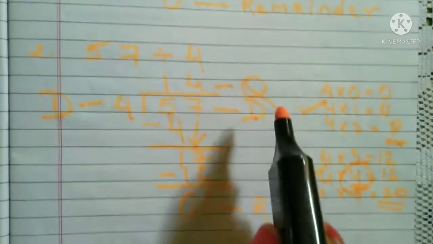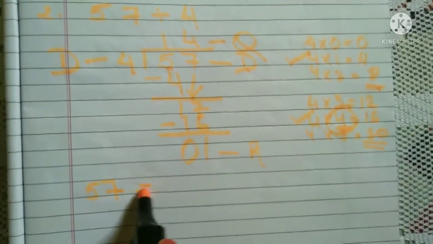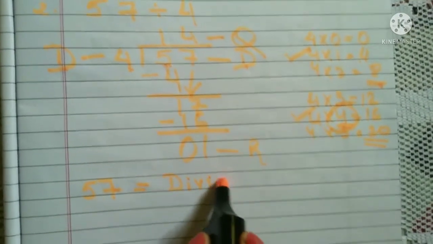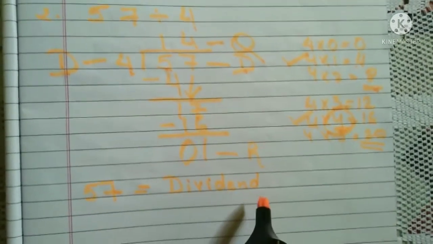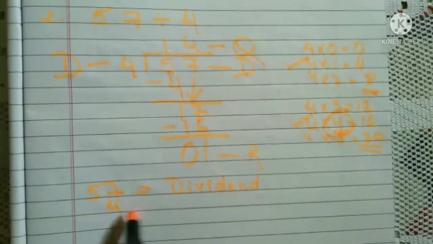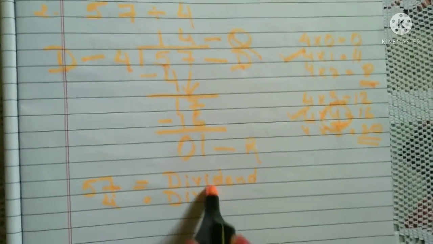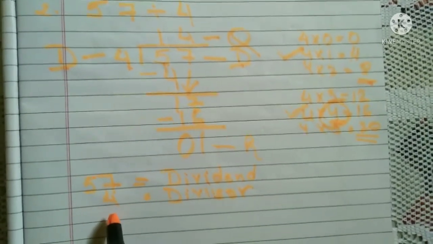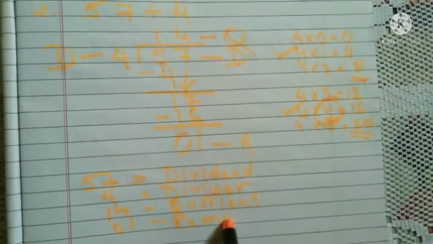Instead of writing this here, we can write: 57 is the dividend, 4 is the divisor, 14 is the quotient, and 01 is the remainder. This will help you to understand how to solve division with the long division method.